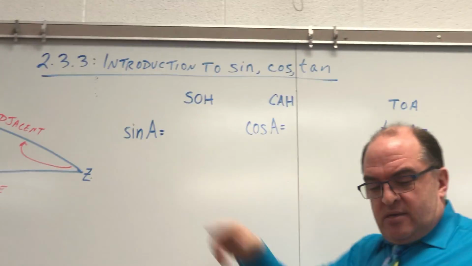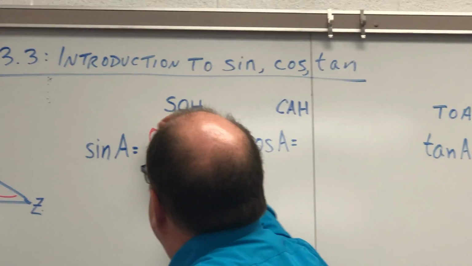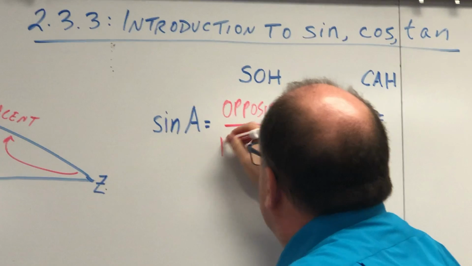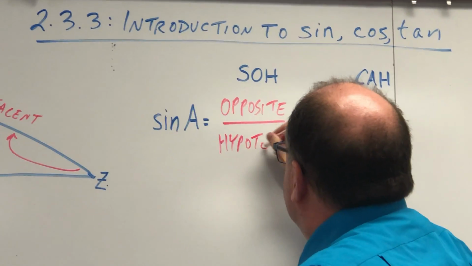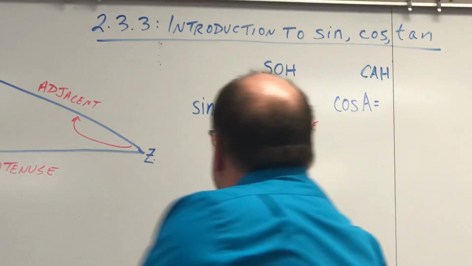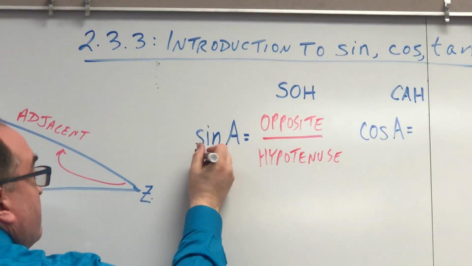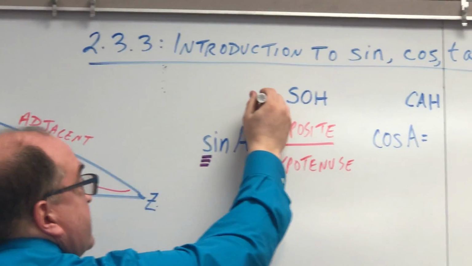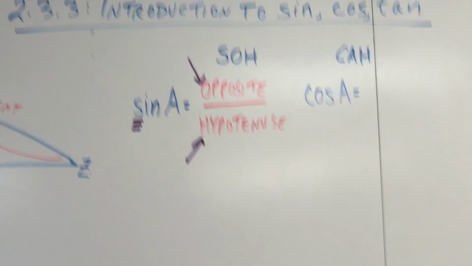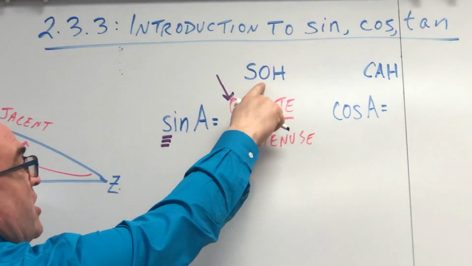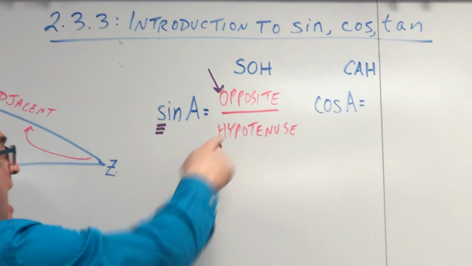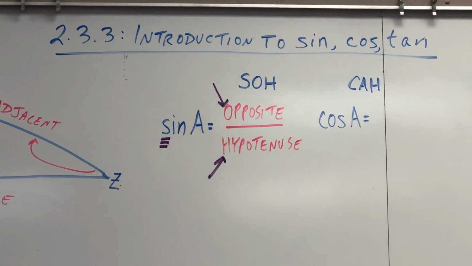Sine of an angle is the opposite side over the hypotenuse. S, sine, is O, opposite, over H, hypotenuse. S-O-H, soh. So, sine is opposite over hypotenuse.